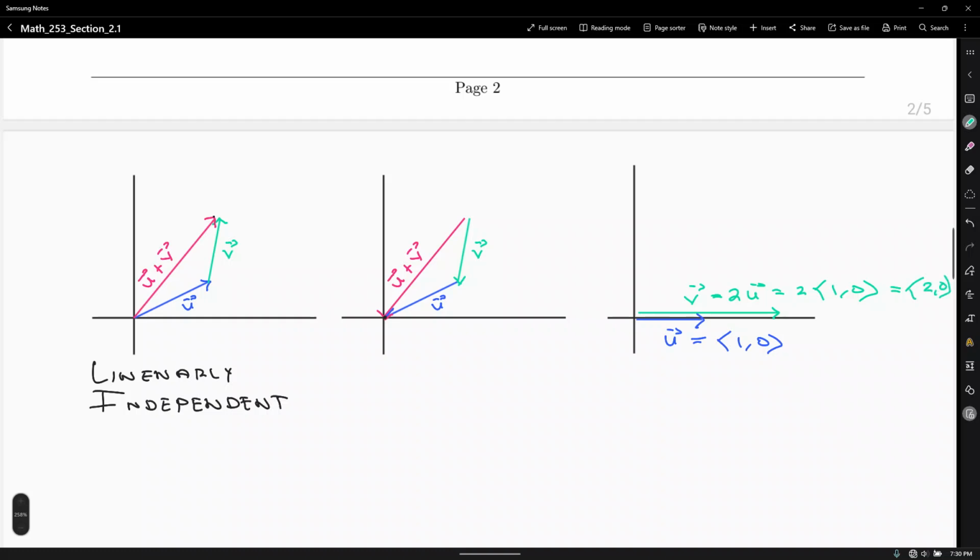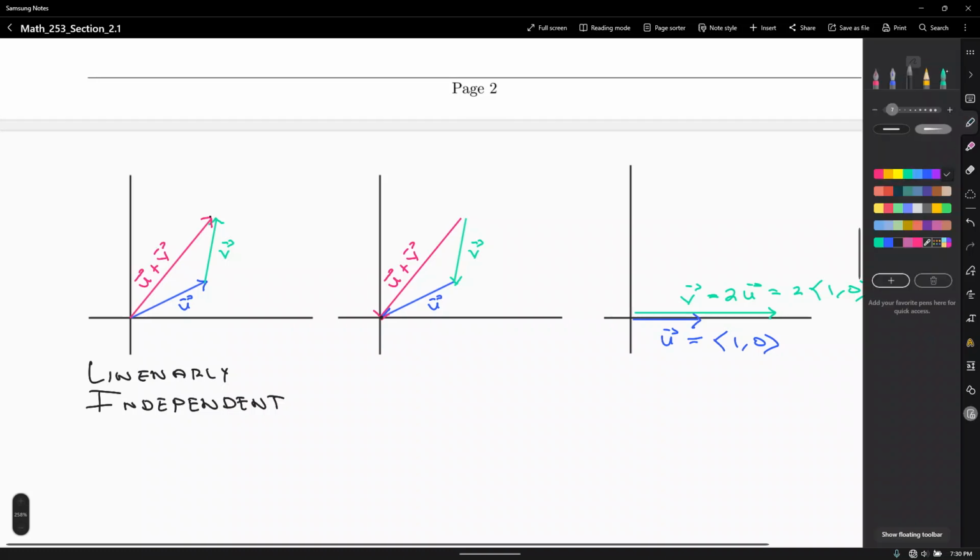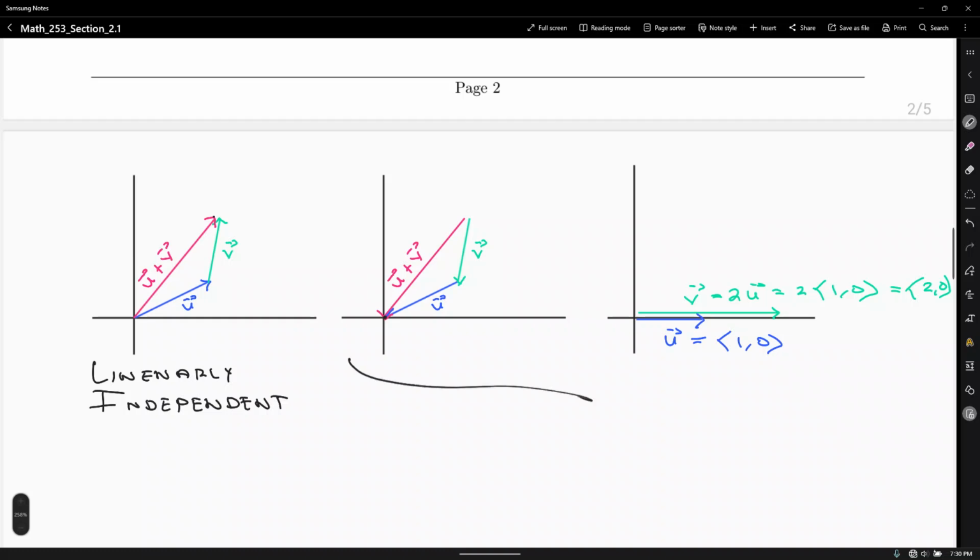Clearly, these two vectors are multiples of each other. You can either say that vector 2, 0 is twice vector u, which is 1, 0, or that vector u, 1 comma 0, is 1/2 of vector v, which is 2, 0. You can say it either way. In any case, these two situations are vectors that are linearly dependent.